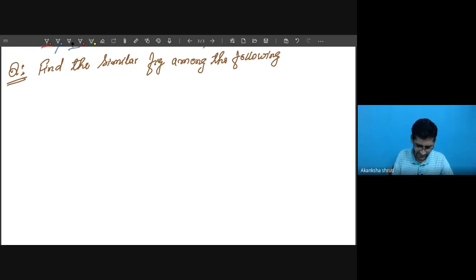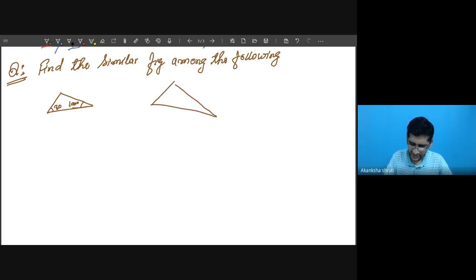So let me take a triangle first. This angle is 30 degrees. This angle is, say, 100 degrees, and another one is the triangle like this.